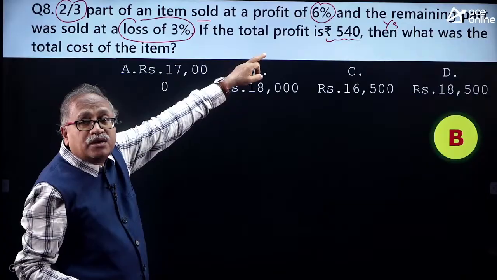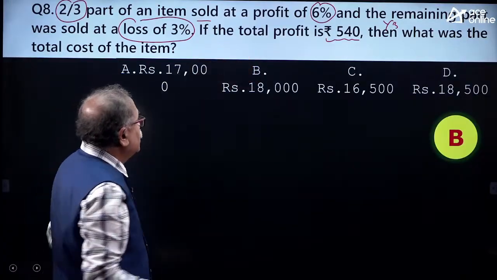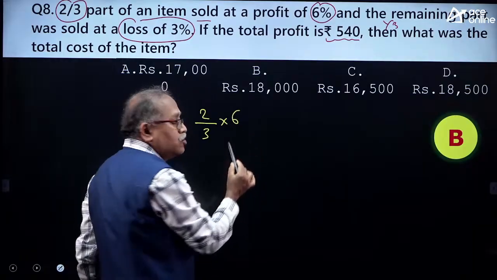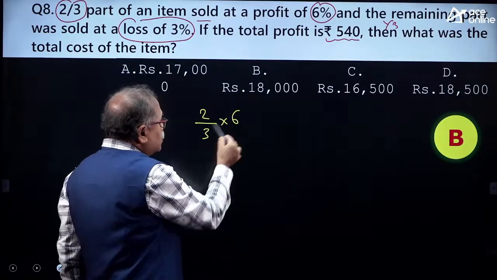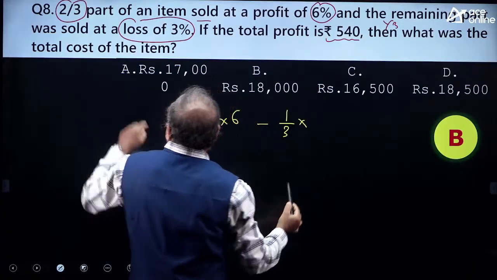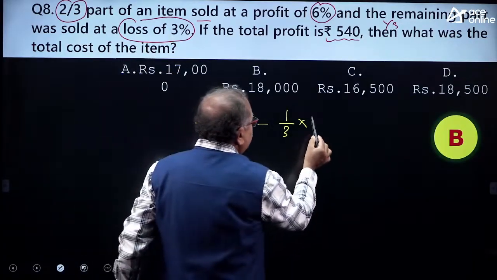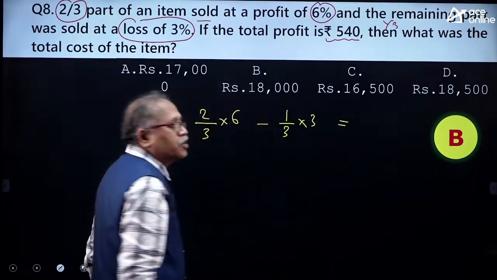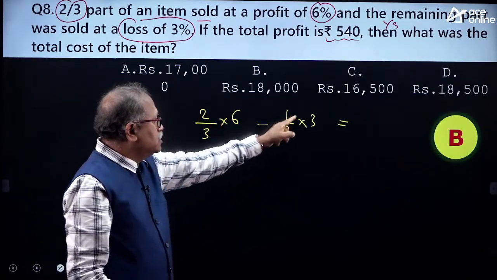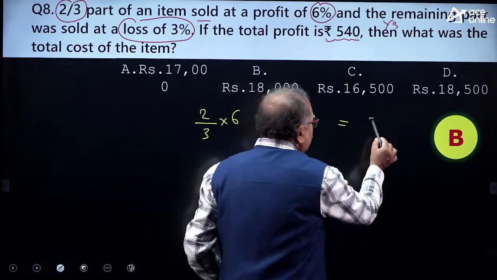2/3 is sold at 6% profit. So 2/3 of 6 gives the overall profit percentage, minus the remaining 1/3 which is sold at a loss of 3%. So what is your overall profit percentage? This gets cancelled 2 times. This is 4 and this is 1. 4 minus 1 is 3.